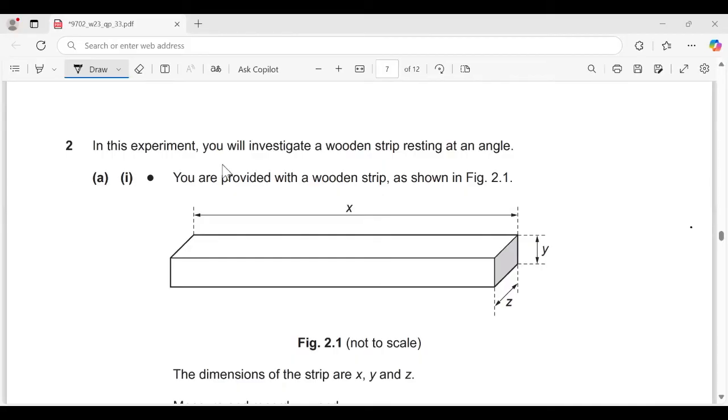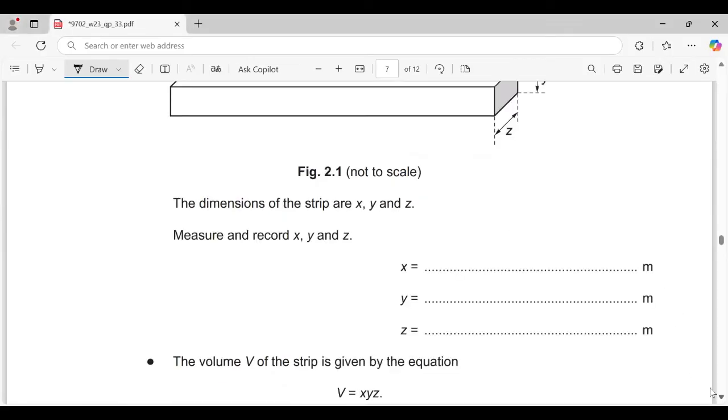Number 2, in this experiment, you will investigate a wooden strip resting at an angle. You are provided with a wooden strip. This is the wooden strip, shown in figure 2.1. The dimensions of the strip are x, y, and z. Measure and record x, y, and z.